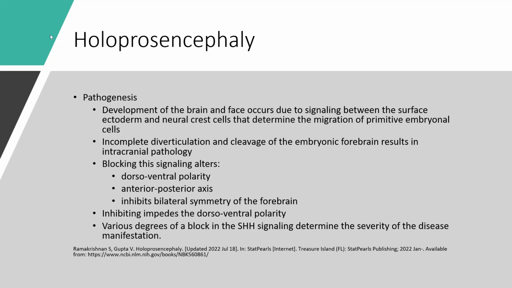Blocking of this signal will alter the dorsal-ventral polarity, anterior-posterior axis, and inhibit the bilateral symmetry of the forebrain. And the various degrees of the block in the sonic hedgehog signaling will determine the severity of the disease manifestation.